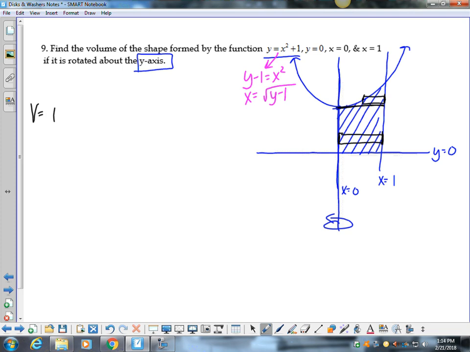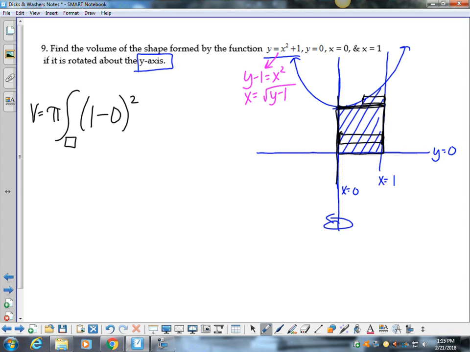So volume equals. The first one, when I look at this piece right here, is not a washer. Because if this is my axis of rotation, there's not going to be a gap. So this is a disk. So this is just pi r squared. So my r is going to be from here to here. So from x equals 1 to x equals 0 squared.